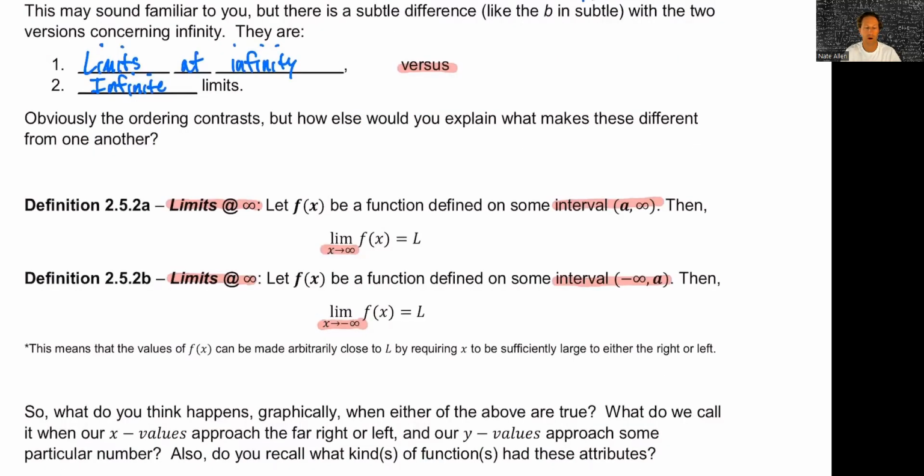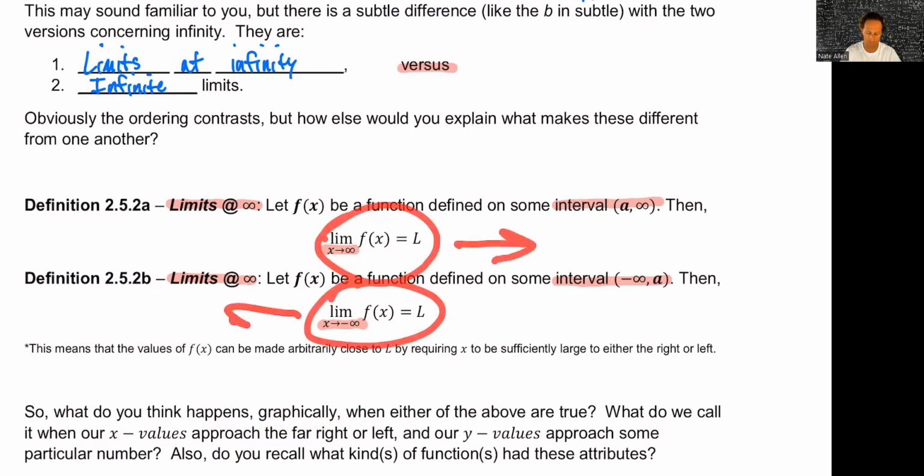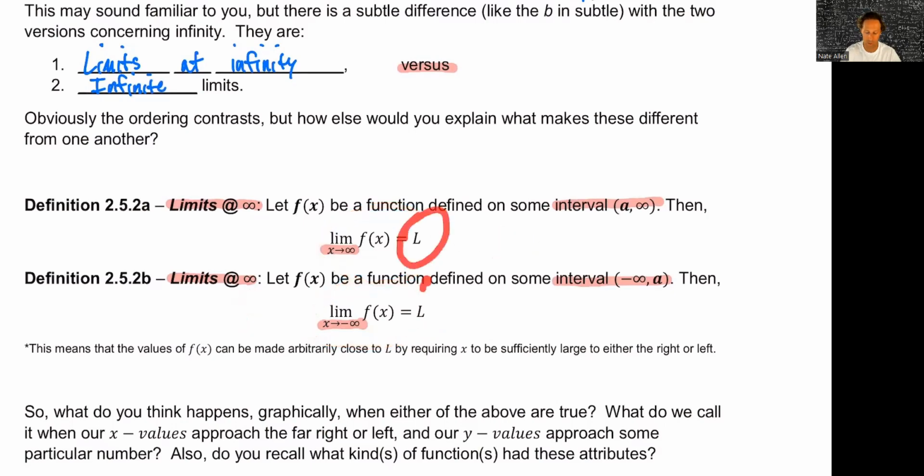So if you look down at the bottom, what do you think graphically would happen if we were to have one of these two scenarios from the far right or the far left that we're approaching some number? Give you a little bit more time to think about that.